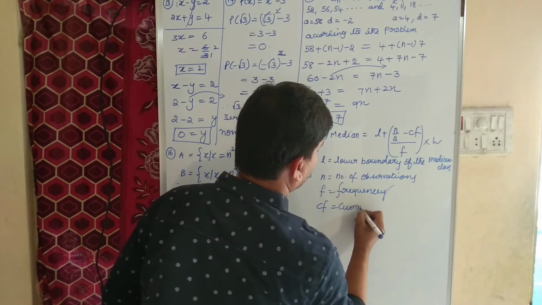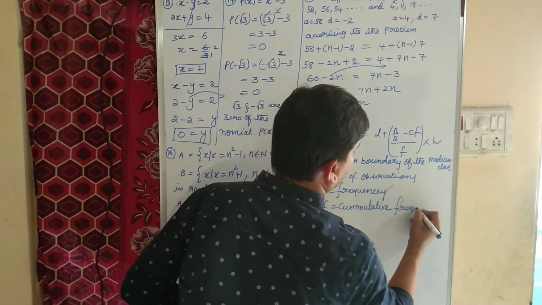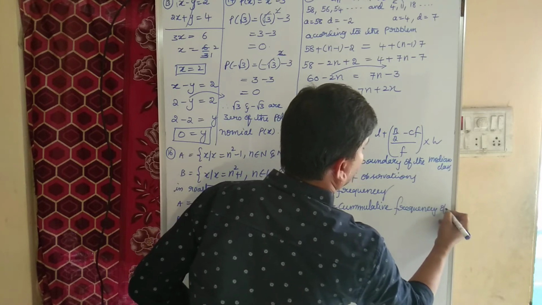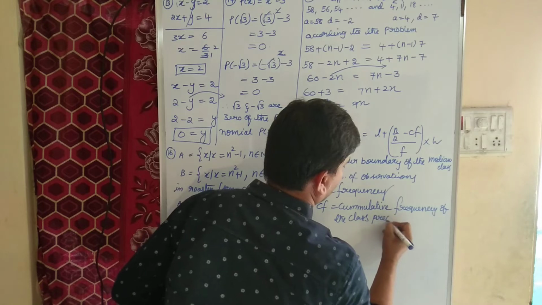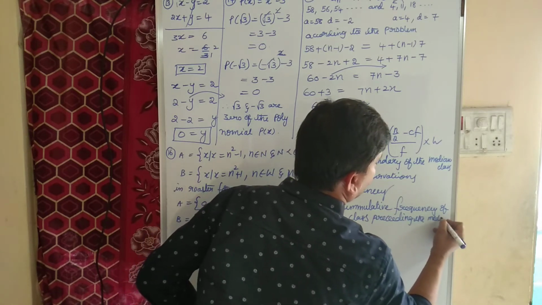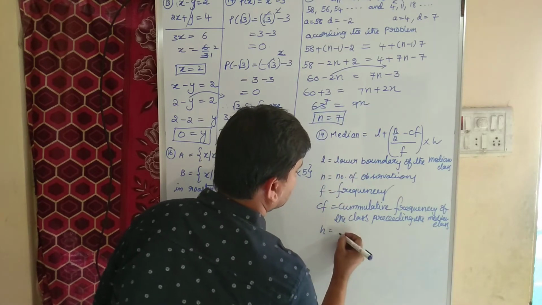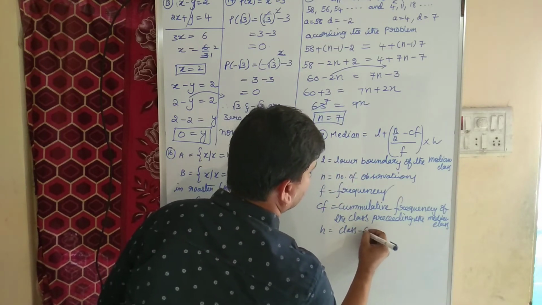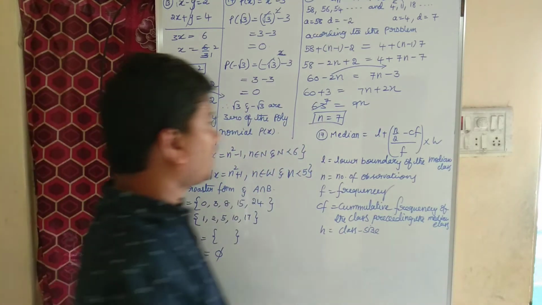CF is nothing but the cumulative frequency of the class preceding the median class. h is nothing but class size.